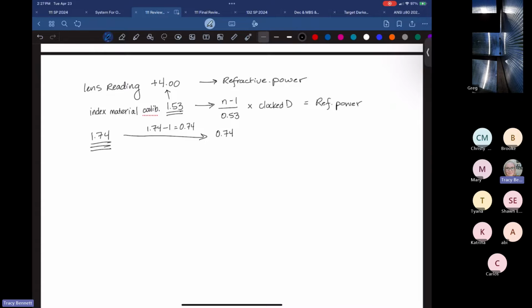And the same with this on the bottom, it's actually 1.53, which is the index of the clock, minus 1, and it ends up being 0.53. I just kind of skip right over to just drop the ones off of both of them and start multiplying. So 0.74 divided by 0.53.